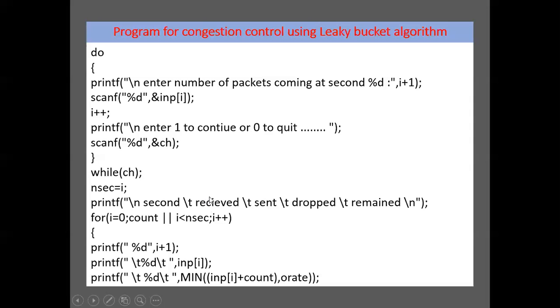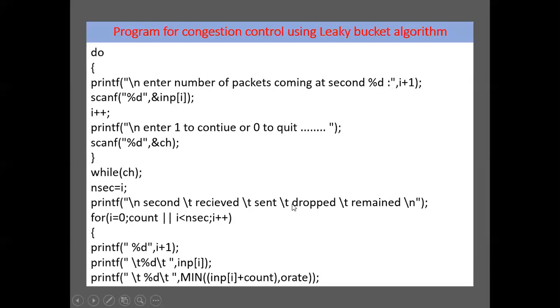So if it is 2, even if the received packet is 10, it will send only 2 here. Then the dropped packet, if it is spillover, loss of packet, we need to mention here. And the remained: if the received is 4 and sent is 2, the remained we need to mention here.